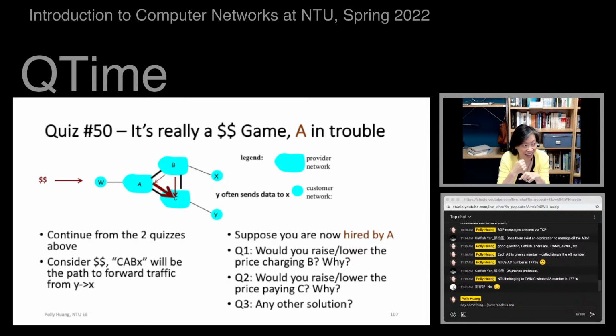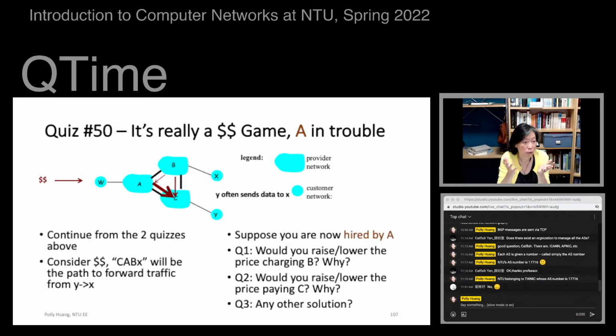So the challenge now in quiz 50 is that you pretend that you are hired by A. Q1 asks, would you raise or lower the price A charges B? Q2, would you negotiate with C to raise or lower the payment to C? If you have more engineering aptitude instead of business, can you come up with some other solution instead of talking just about money to change the situation?